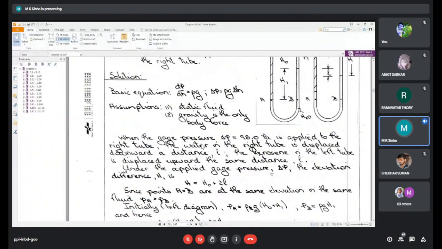So when the gauge pressure del P of 98 Pascal is applied to the right tube, the water in the right tube is displaced downward a distance L. Please check it.